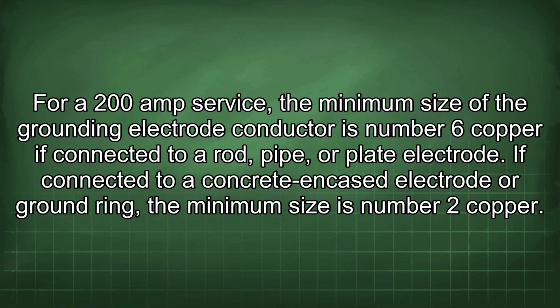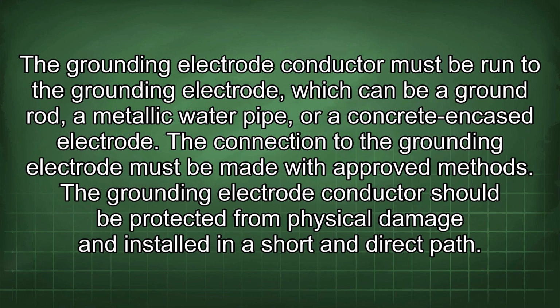If connected to a concrete encased electrode or ground ring, the minimum size is number 2 copper. The grounding electrode conductor must be run to the grounding electrode, which can be a ground rod, a metallic water pipe, or a concrete encased electrode. The connection to the grounding electrode must be made with approved methods. The grounding electrode conductor should be protected from physical damage and installed in a short and direct path.